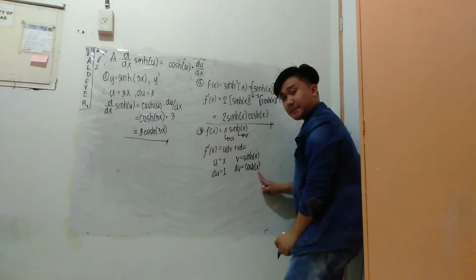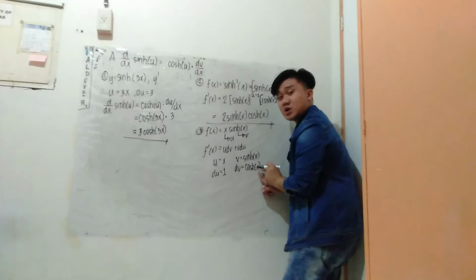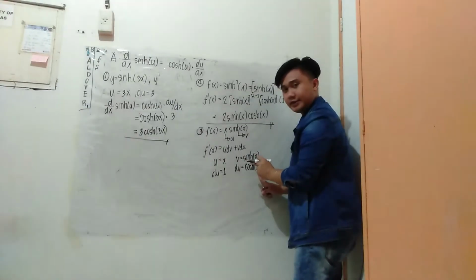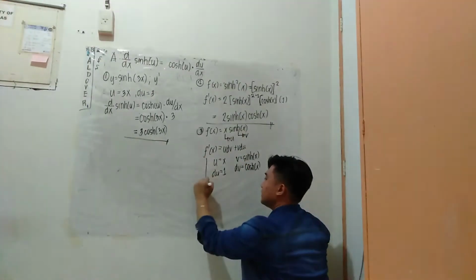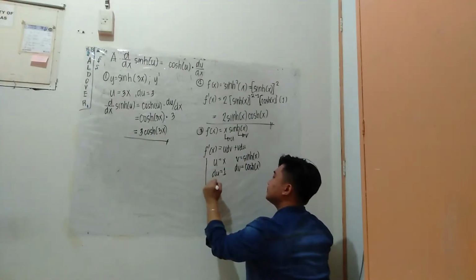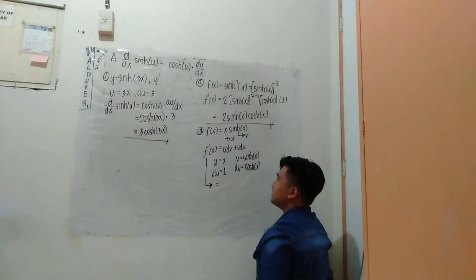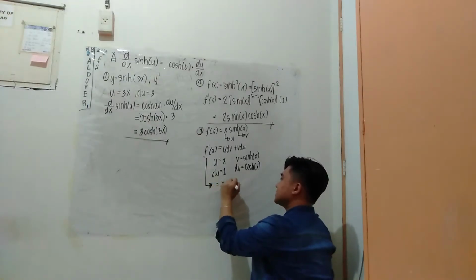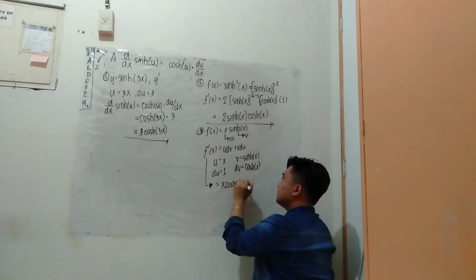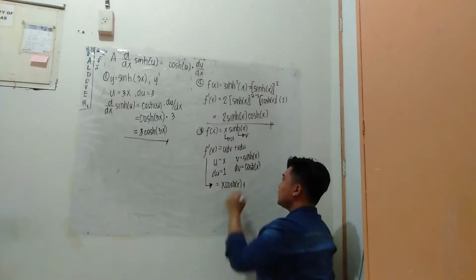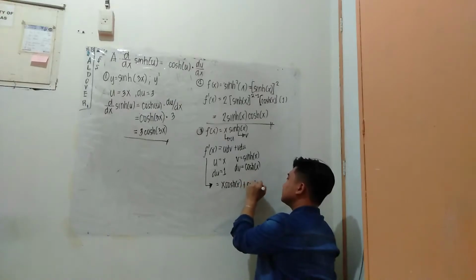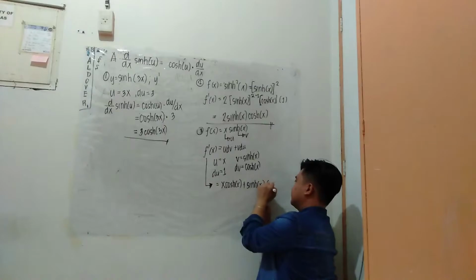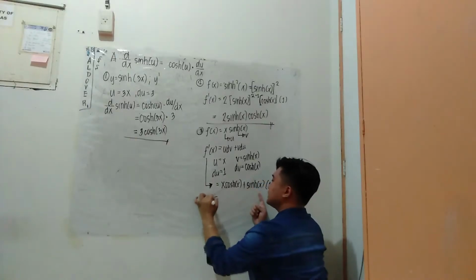Cosh x. Tapos, derivative mo yung x, which is 1. Hindi ko na ilalagay since understood na dapat yun. So, i-form ko na to. So, that's u dv plus v du. U is x. dv is cosh x. Plus v, which is sinh x. Times du, which is 1. So, ayusin ko lang.